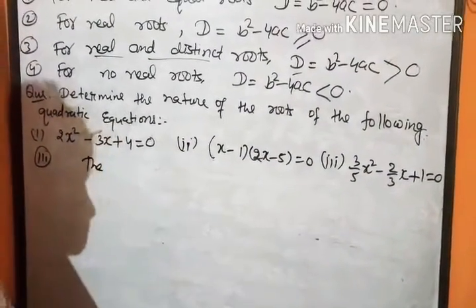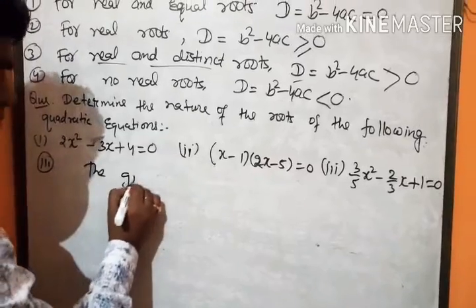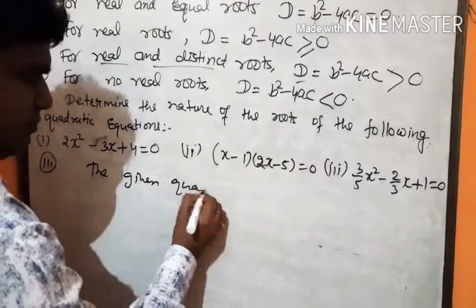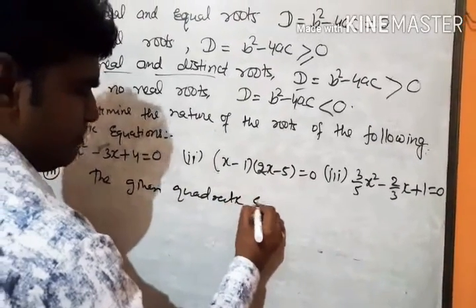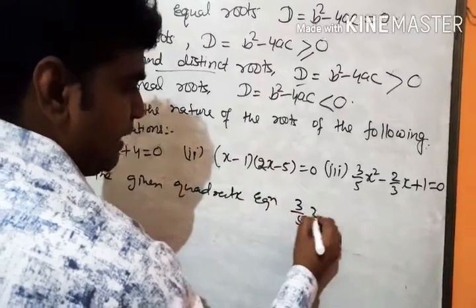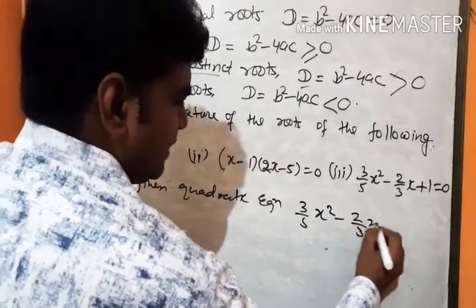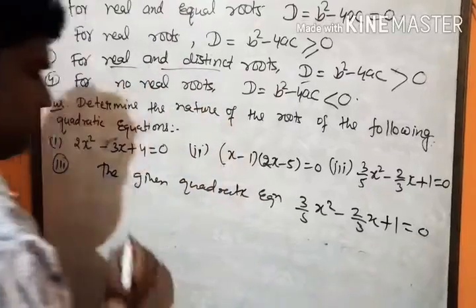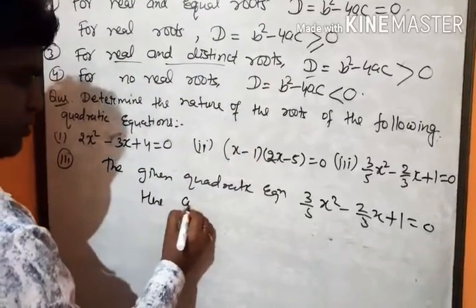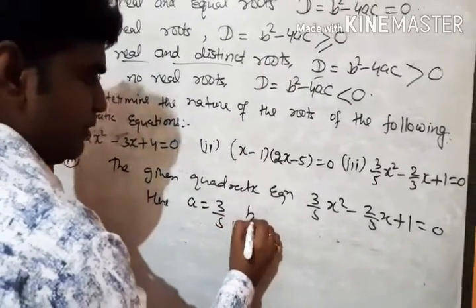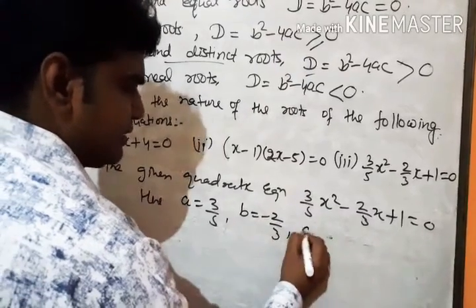Now third, the given quadratic equation is 3 by 5 x square minus 2 by 3 x plus 1 equal to 0. Here a is equal to 3 upon 5, b equal to minus 2 by 3, and c is equal to 1.